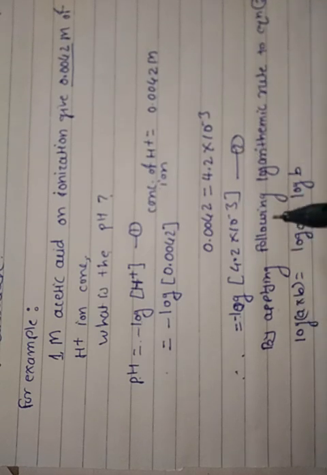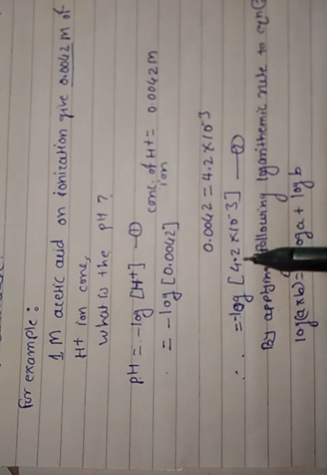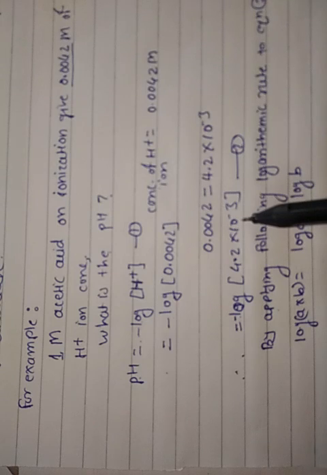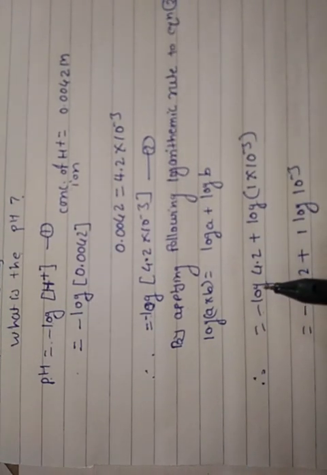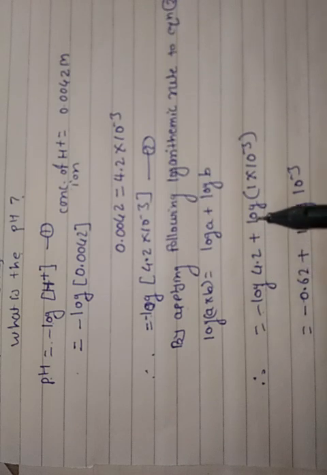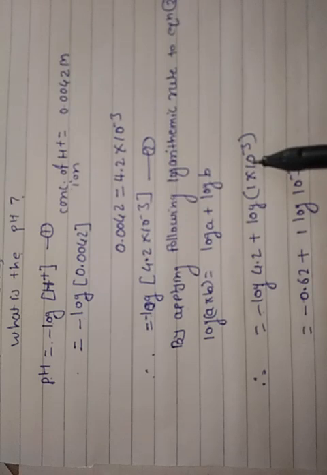By applying the following logarithmic rule to equation number 2, the logarithmic rule is log of A into B is equal to log A plus log B. Here 4.2 is A and 10 raised to minus 3 is B. Therefore, minus log of 4.2 plus log 1 into 10 raised to minus 3.